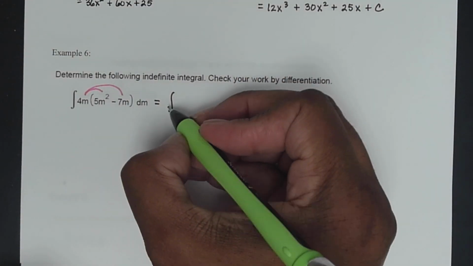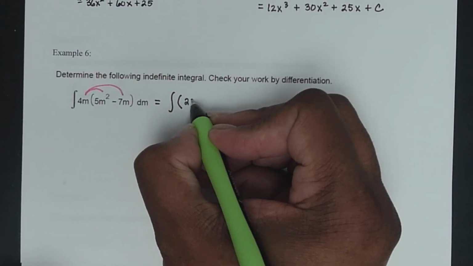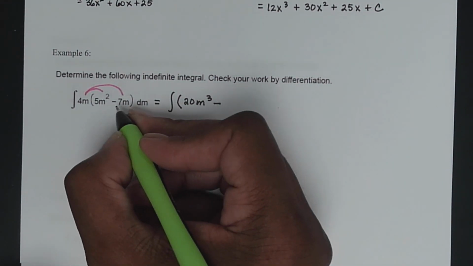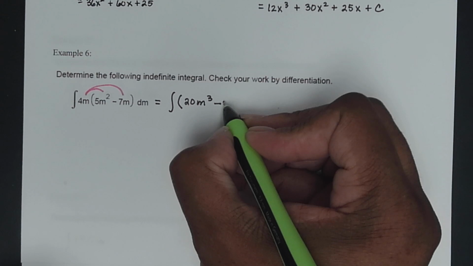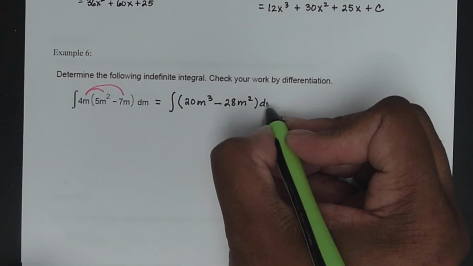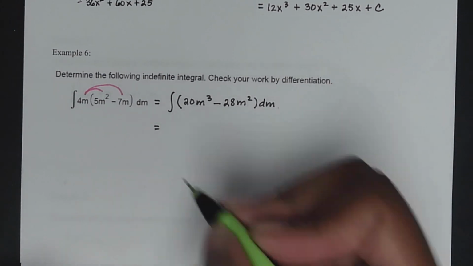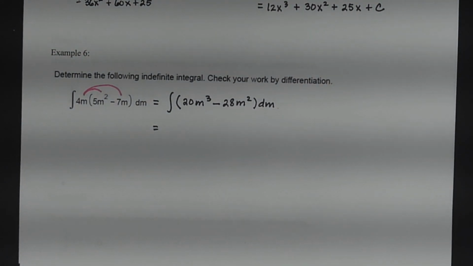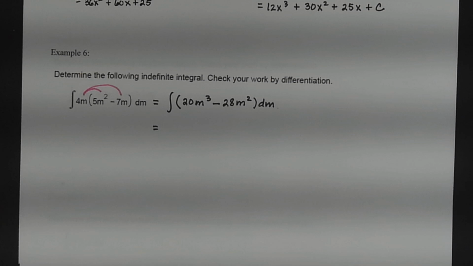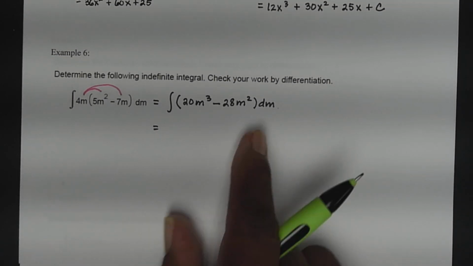So 4m times 5m squared is going to be 20m cubed, minus 4m times the 7m will be 28m squared, dm. Okay? So first I distribute the 4m over the 5m squared minus 7m to get this.